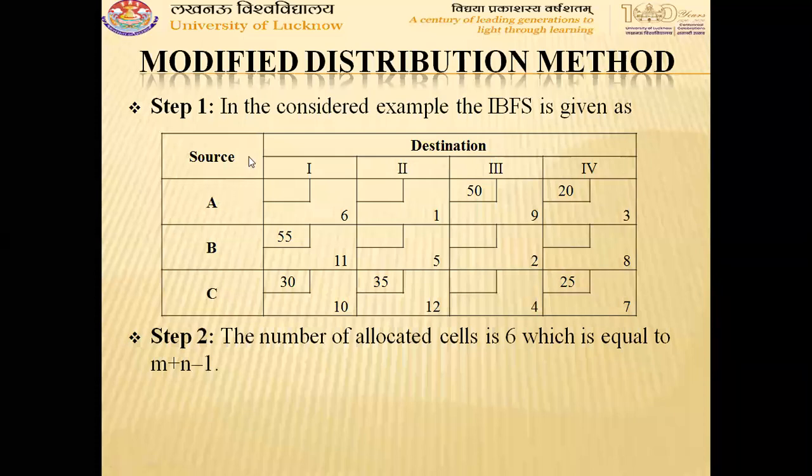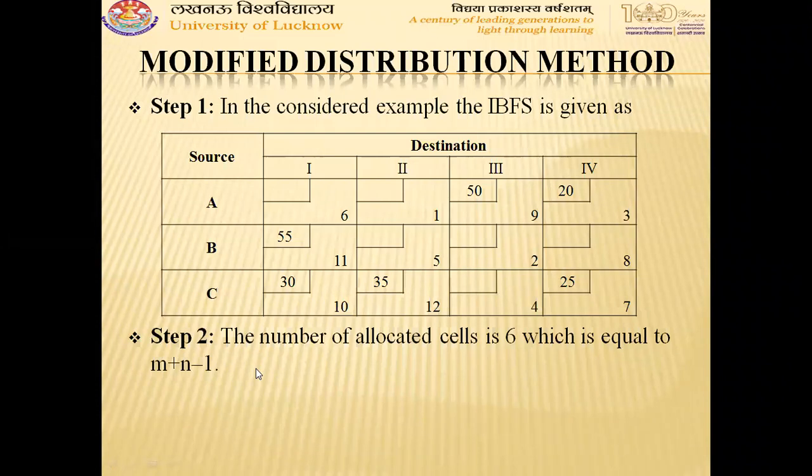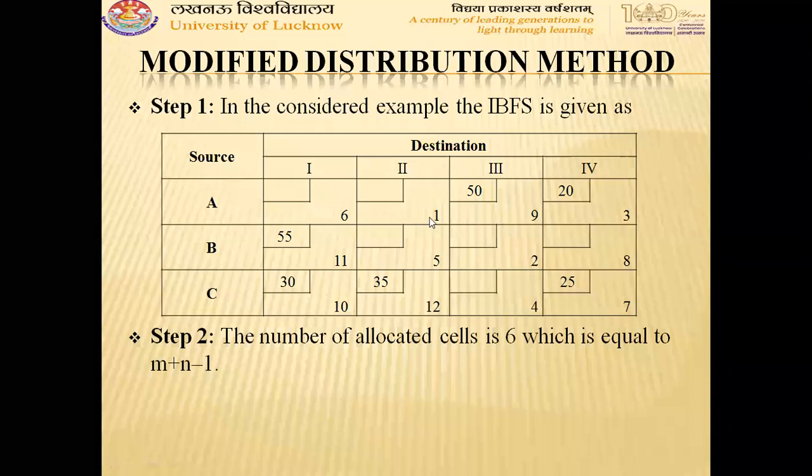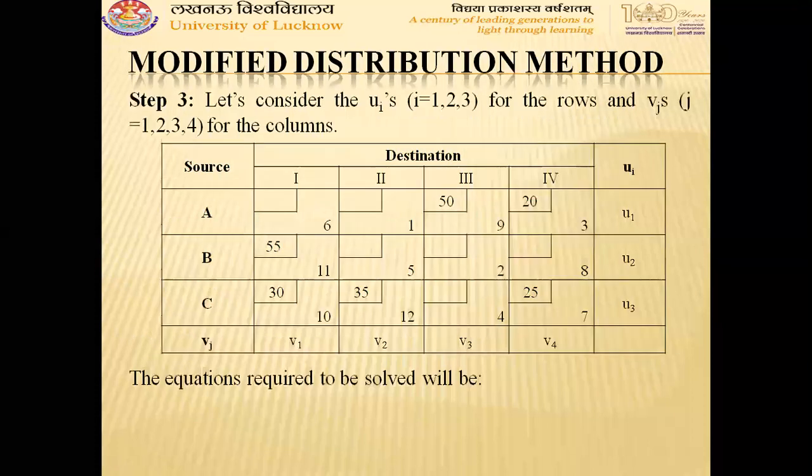There are 3 rows and 4 columns, that is 3 plus 4, 7, minus 1, which becomes 6, and we count the allocations: 1, 2, 3, 4, 5 and 6. So we have 6 occupied or allocated cells, which is equal to m plus n minus 1. So there is no need to change.